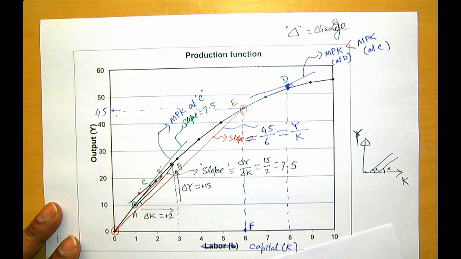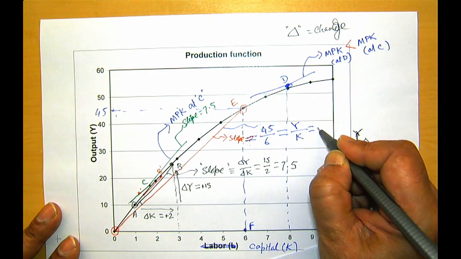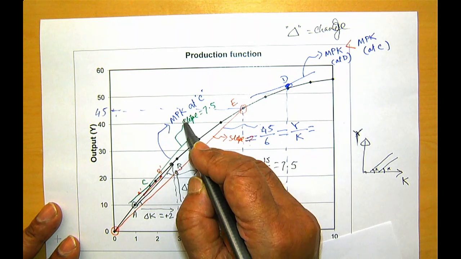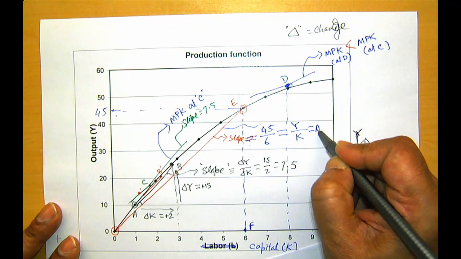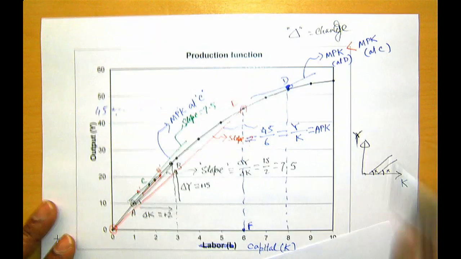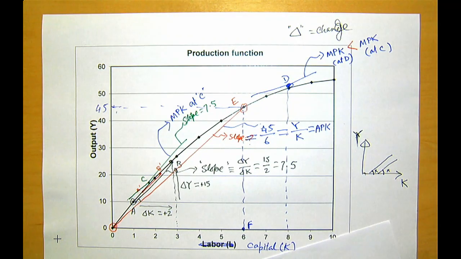And that is called the average product. Like you have the marginal product of k, you have the average product of k. So at point E, you get the average product of capital.